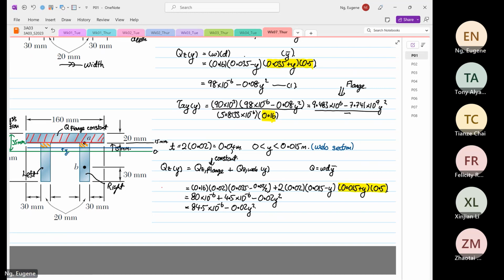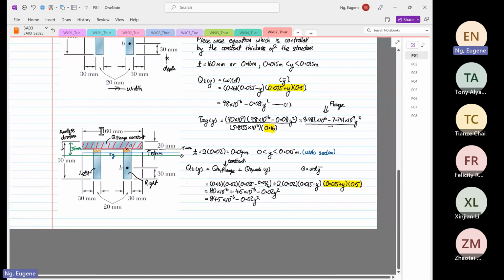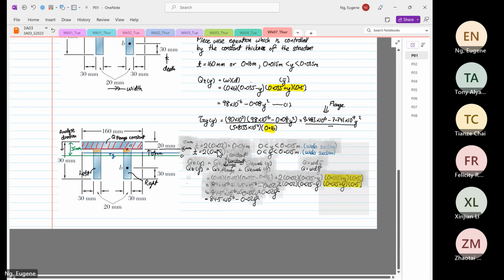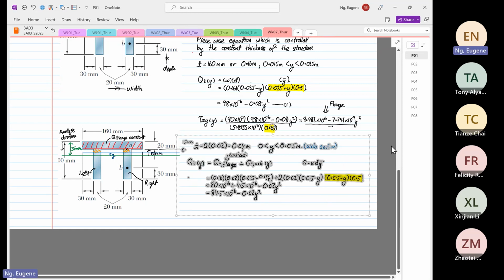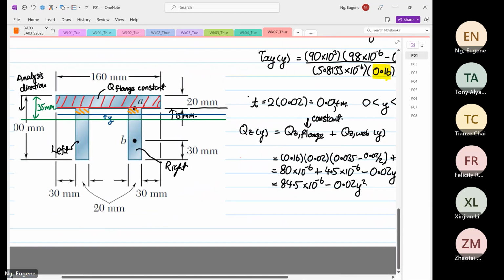Then from here, we can determine our equation, our shear stress distribution equation.